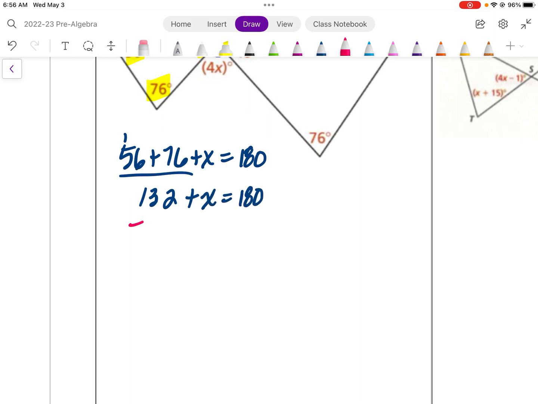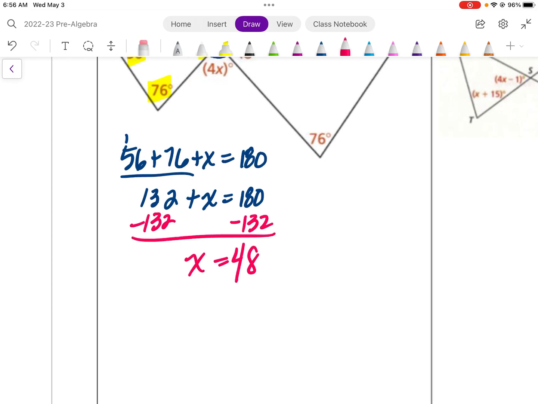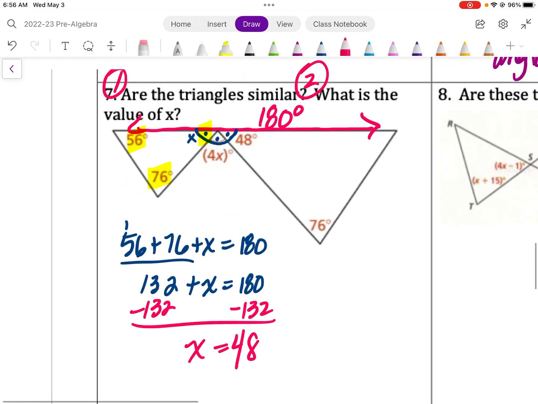And then I'm going to subtract that 132 from 180. So x is equal to, let's see, 48 degrees. Yep. Okay, so this angle right here is 48.